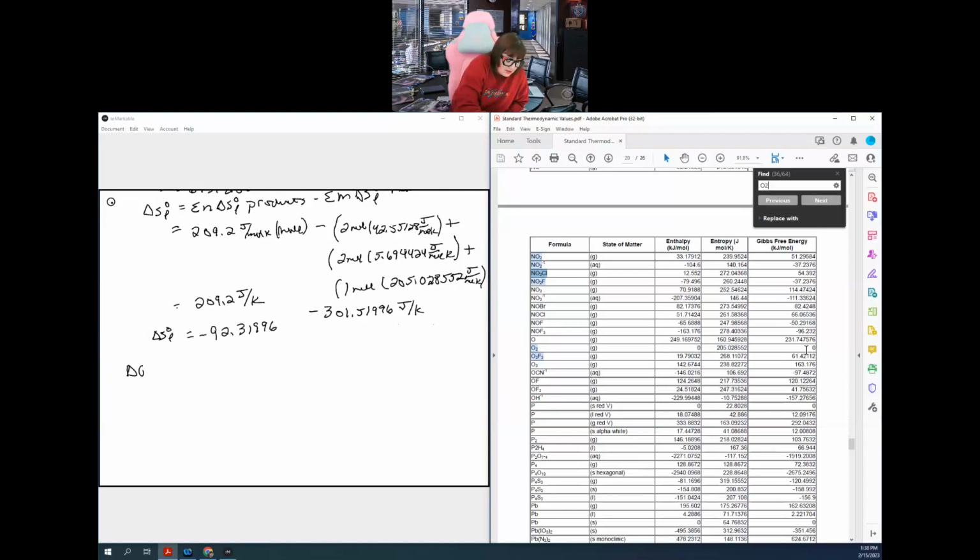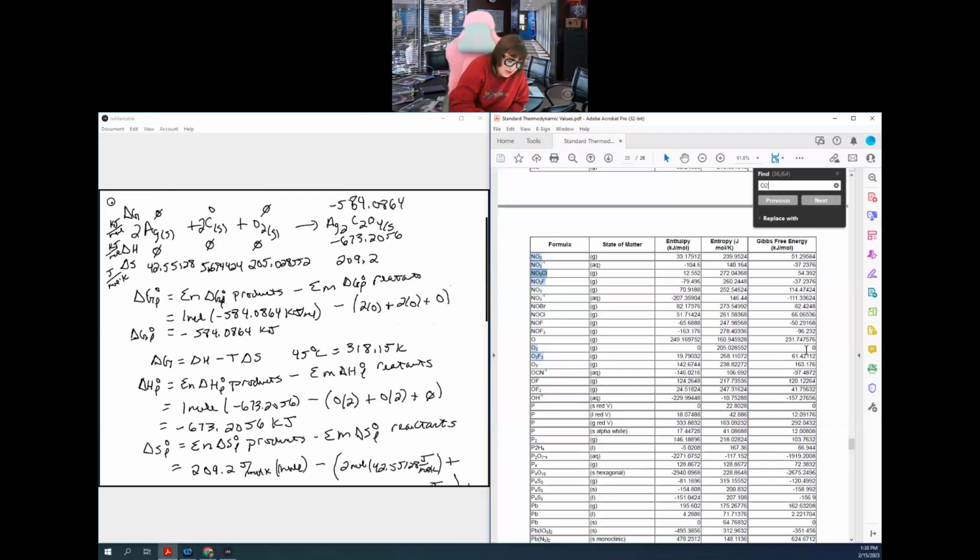Now, if I remember correctly, delta G, sorry, is equal to delta H minus T delta S. So delta G is going to equal the delta H that I calculated, which was this value right here, negative 673. We're going to copy that.